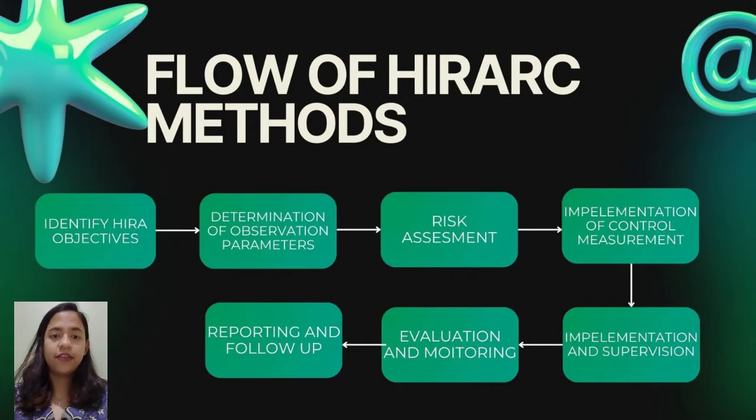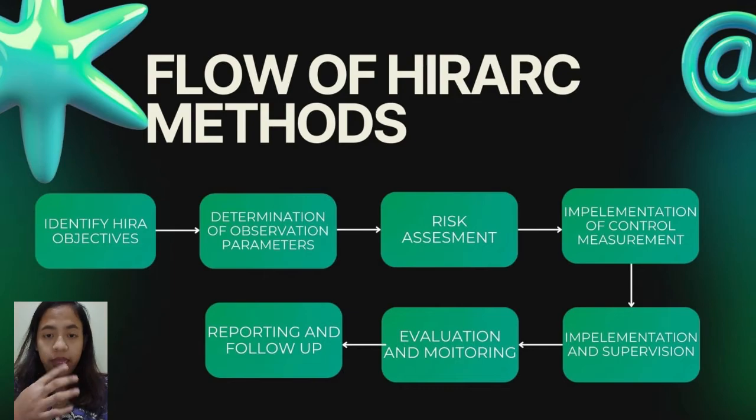The next is identification of hierarchy objective, and this stage aims to provide a clear picture and direction in the hierarchy identification process to match the purpose of the hierarchy itself. The identification of hierarchy objective was carried out before determining the observation parameters.